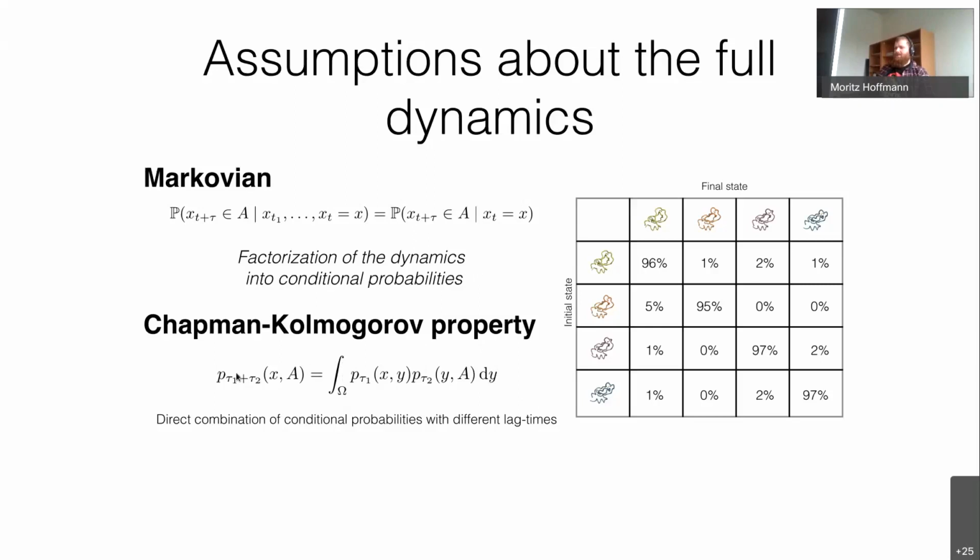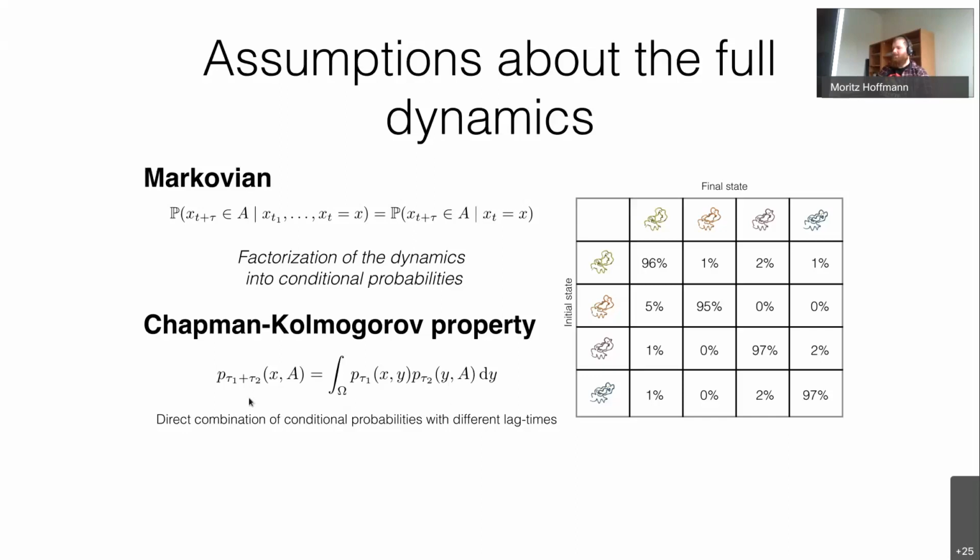And this says that if we look at the distribution at tau 1 plus tau 2, this is actually decomposable into the distribution at tau 1 with an intermediate y, and then tau 2 from the intermediate y to the set A. So basically this says that we have an additive property here with respect to the lag time tau.